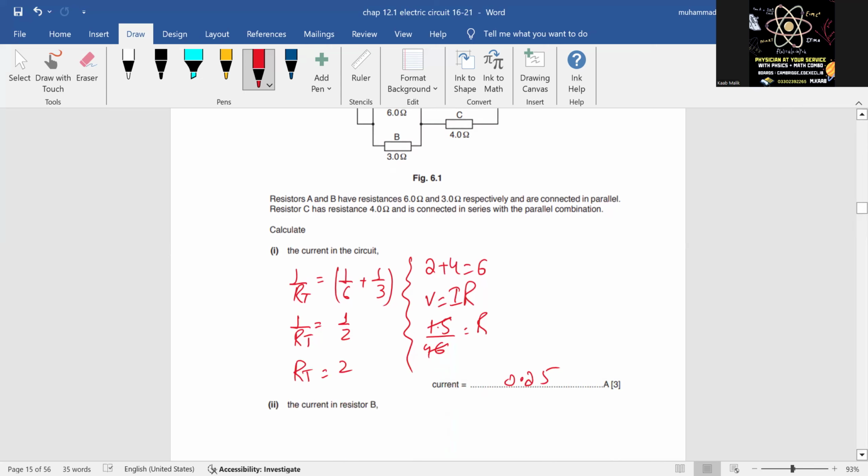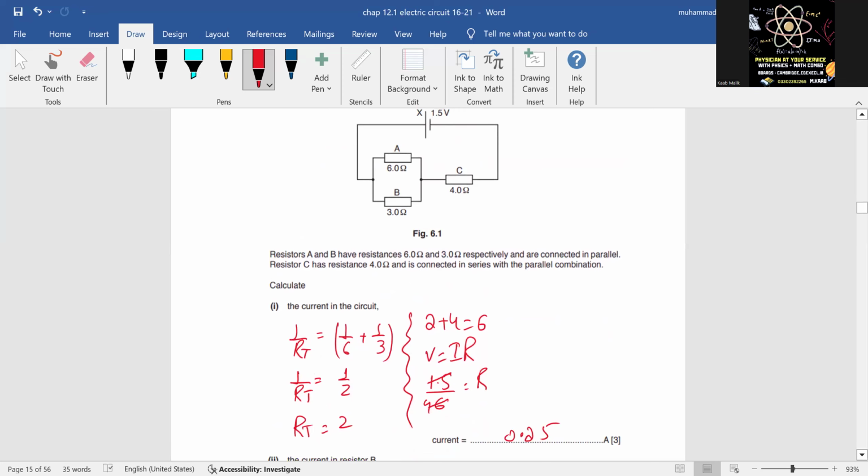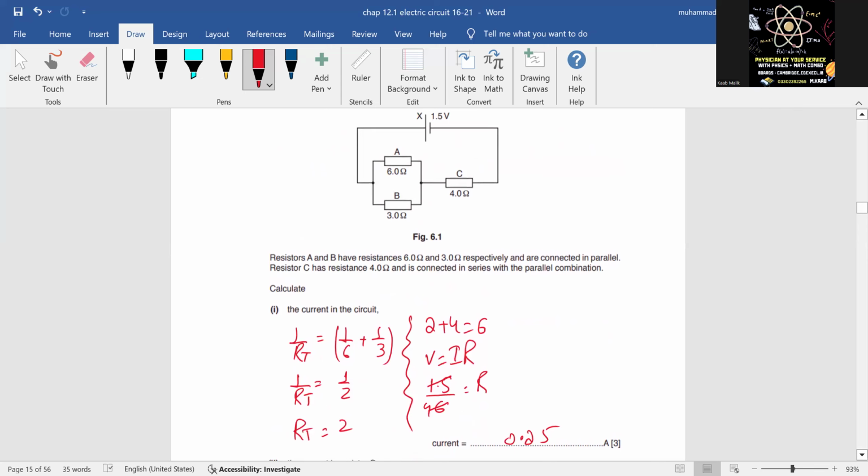The voltage will be the same across parallel components. What will the voltage be, will it be 1.5? Yeah, I think so. No.